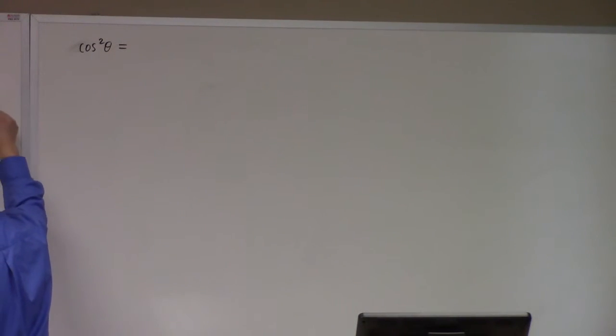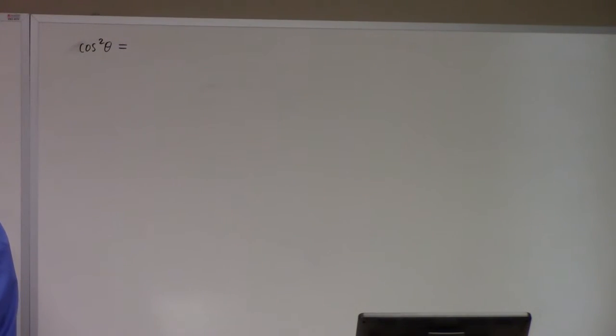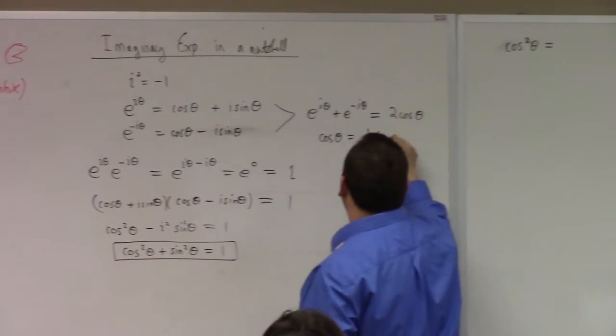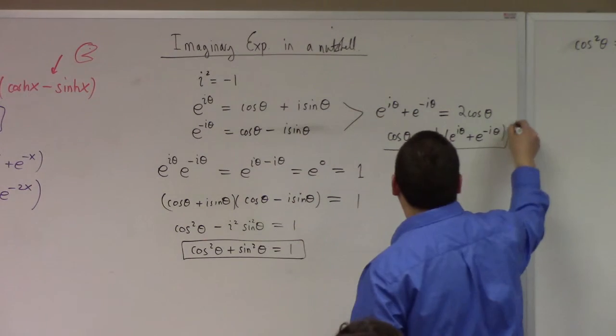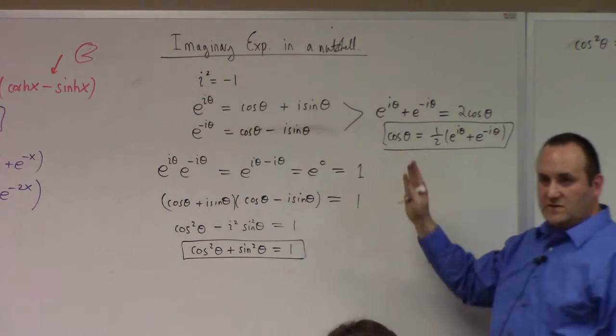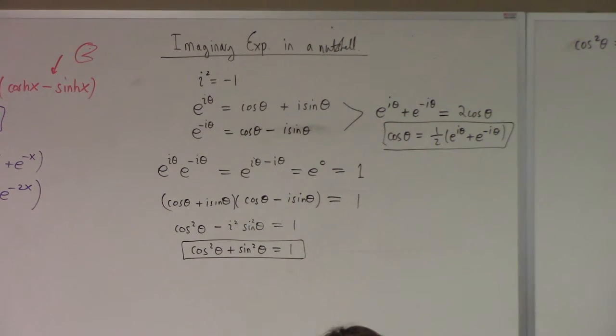2 cosine theta. That's pretty awesome, because that means cosine theta is 1/2 (e^(i theta) + e^(-i theta)), which is a precious formula because it changes cosine to a sum of exponentials. And the laws of algebra for exponentials are easy.